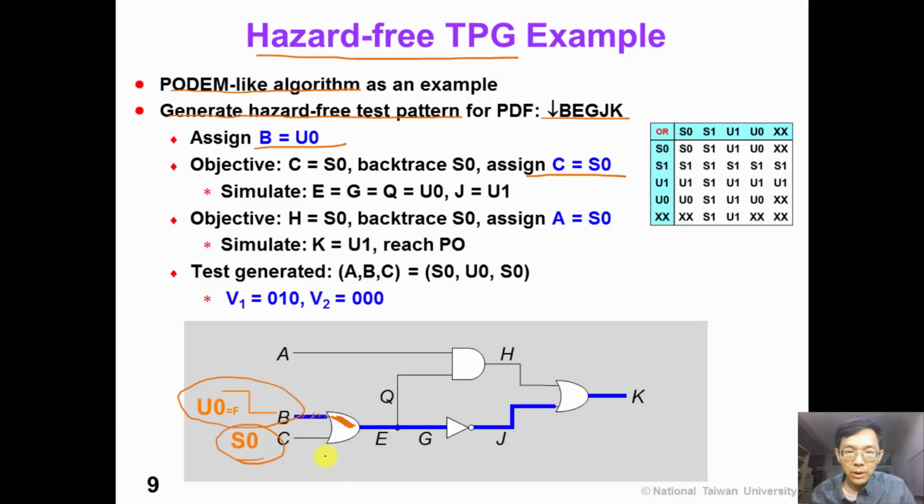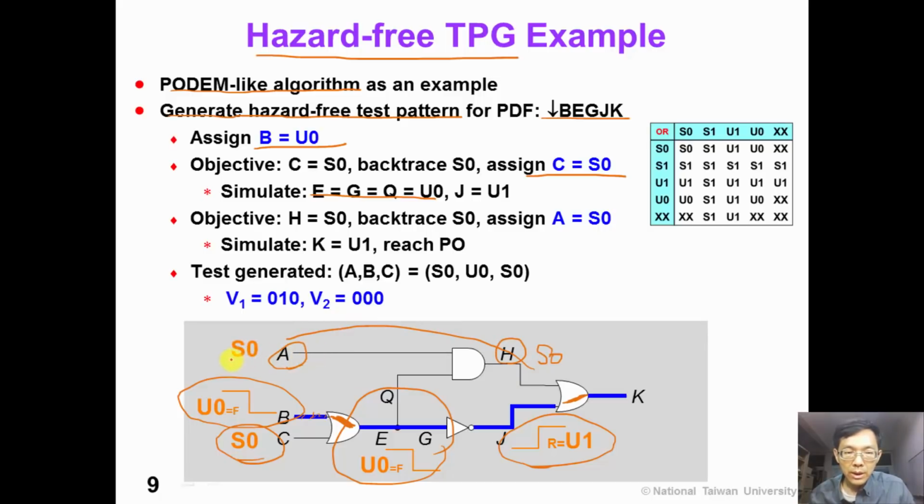And then we perform a forward simulation. So E, G, and Q are all U0. After the inverter, J is U1. Now we want a hazard-free sensitization through this OR gate. So we would like a static 0 on the side input H. So we backtrace all the way to input A and we assign A to be S0.